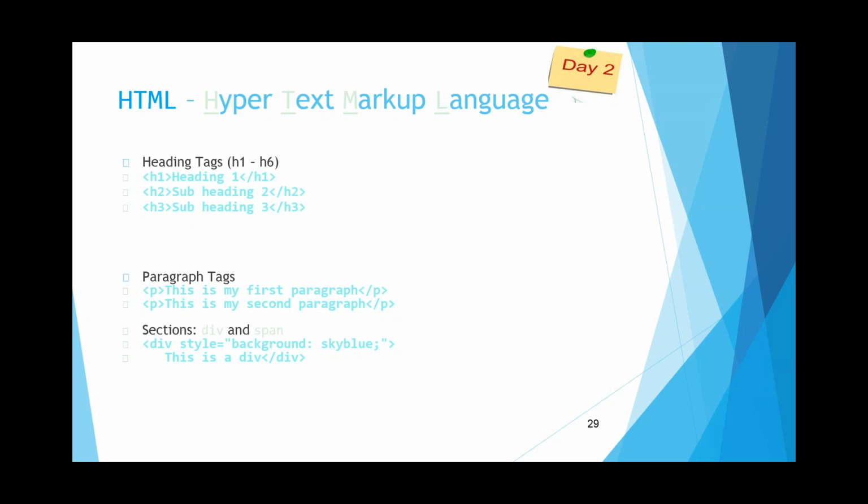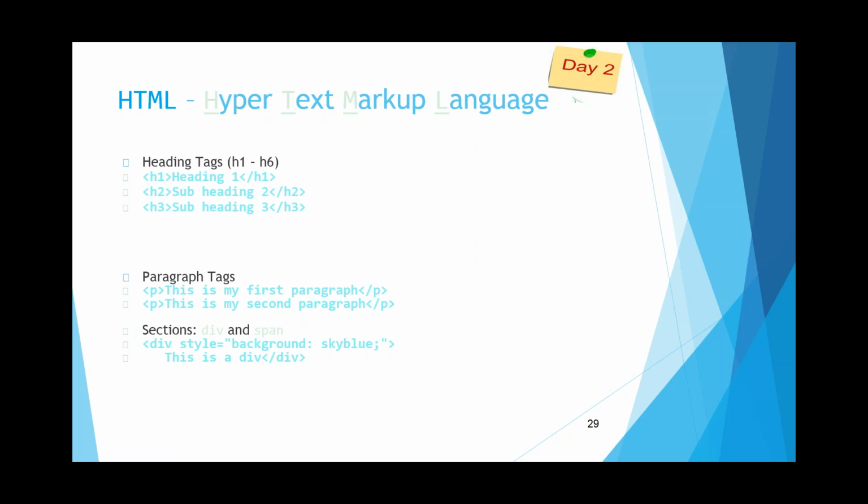The text can be displayed in different sizes based on the tag you use. Paragraph tags just define a paragraph. Whatever you have written inside a paragraph tag is displayed first, and then the next paragraph. Here we have two paragraphs, so it gives the content in a new line. That is the only difference.